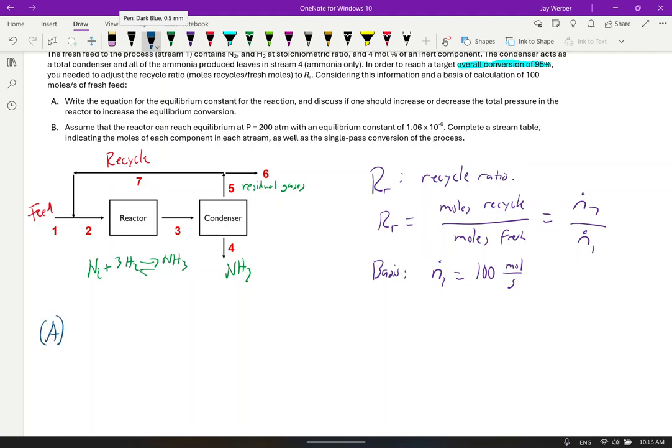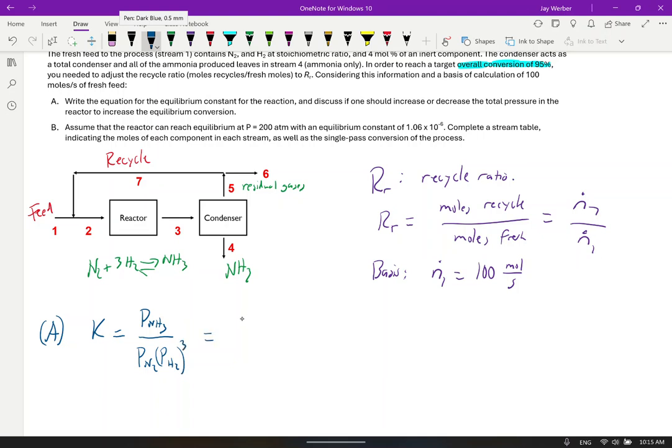So this is A. So the equilibrium coefficient here is going to be the partial pressure of NH3 divided by the partial pressure of N2 times the partial pressure of H2 cubed, right?